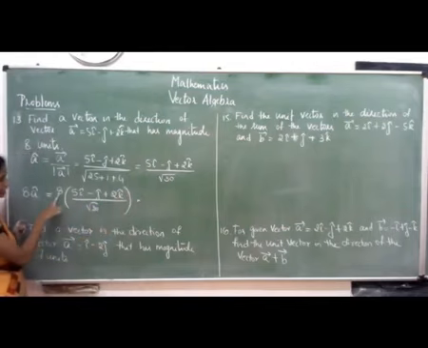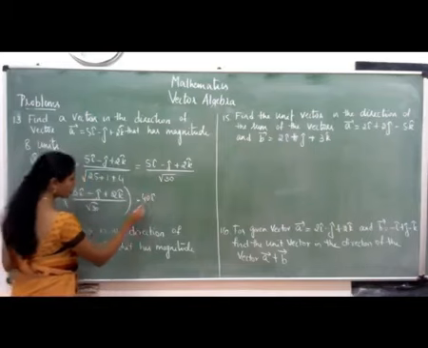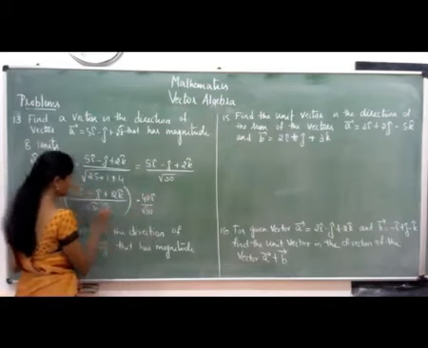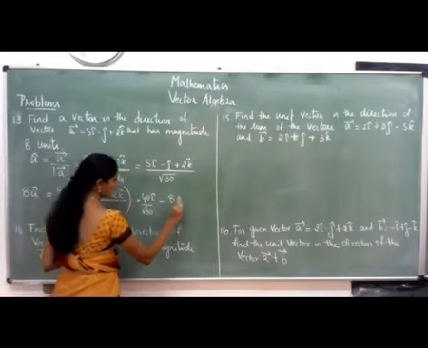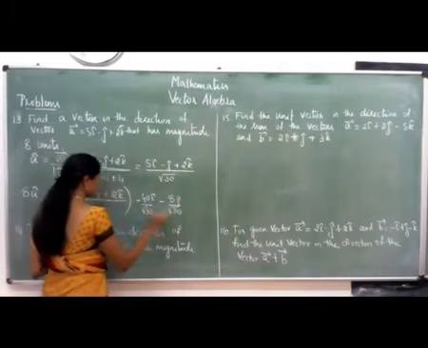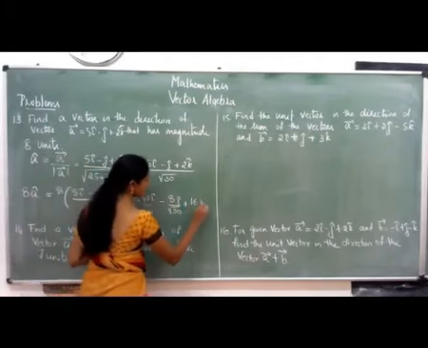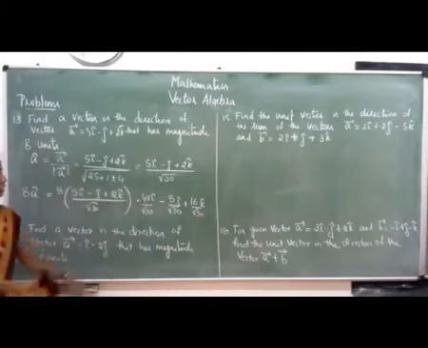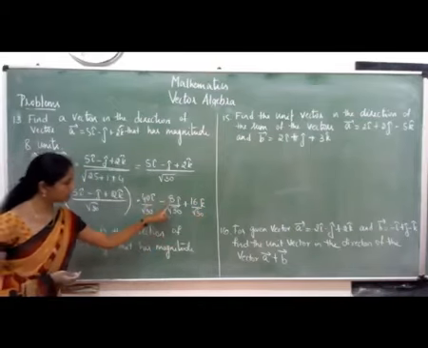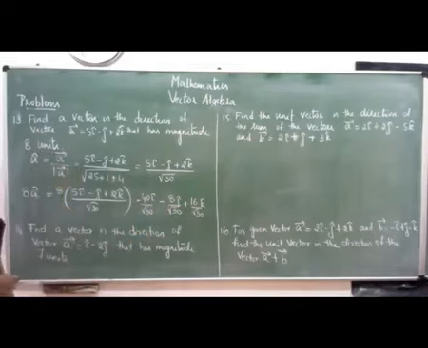Further simplifying, 8 into 5, 40i cap by root 30, then minus 8 into 1, 8j cap by root 30, then plus 8 into 2, 16k cap by root 30. So 40 by root 30 i cap minus 8 by root 30 j cap plus 16 by root 30 k cap. I hope you have understood.